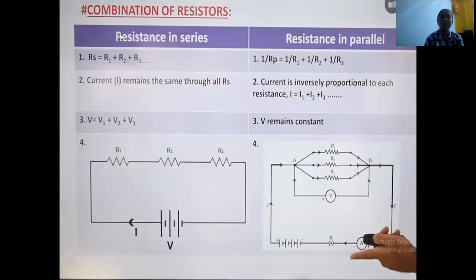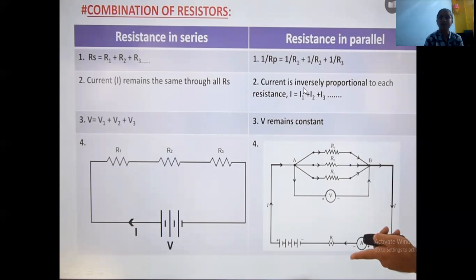We'll find out the difference between resistance in series and parallel now. So you can see here the first difference is we have already got Rs is equals to R1 plus R2 plus R3, and resistance in parallel is 1 by R equivalent or 1 by Rp. Rp means parallel. Okay, is equals to 1 by R1 plus 1 by R2 plus 1 by R3. The second difference is current I remains the same through all resistance.